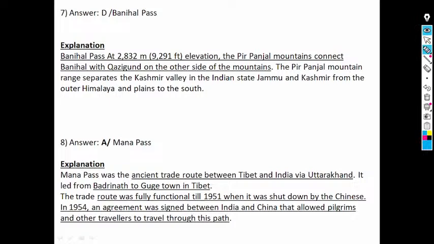Next, Banihal Pass is at 2832 meter elevation. The Pir Panjal mountain connects Banihal and Qazigund on the other side of the mountains.